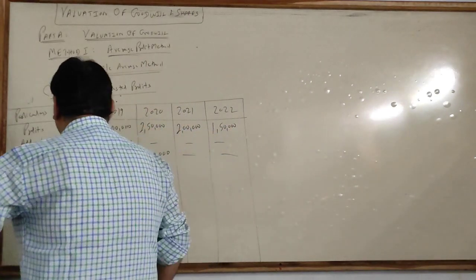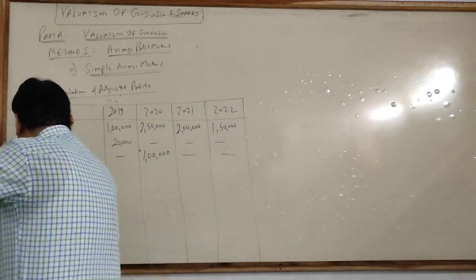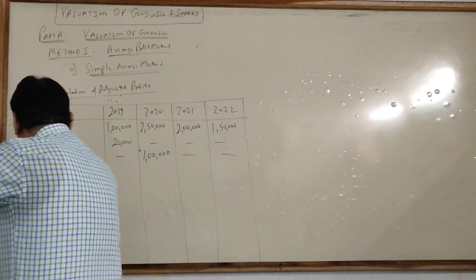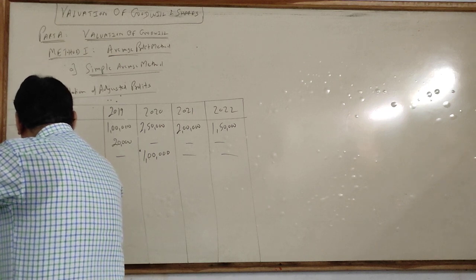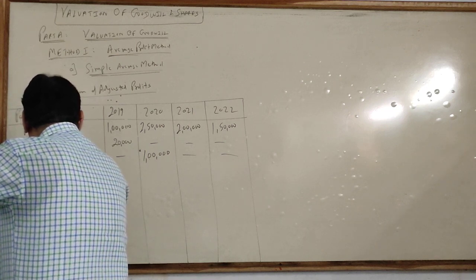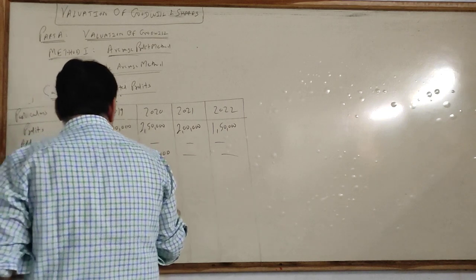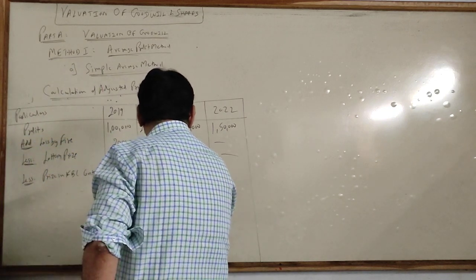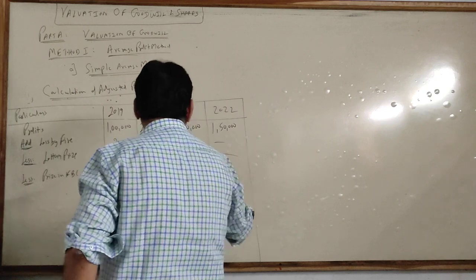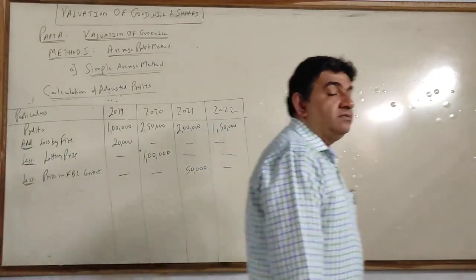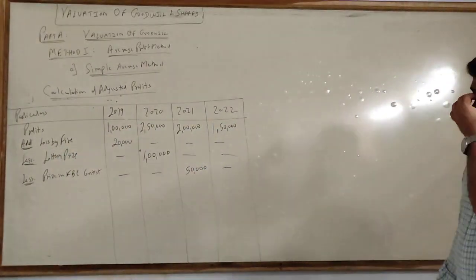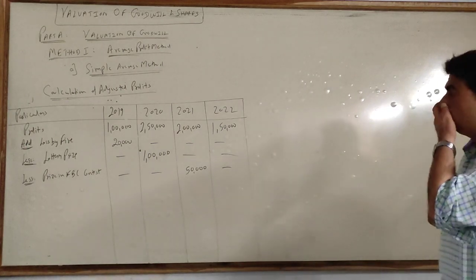So remove it. So write there. Less prize in KBC contest 50,000. Prize in KBC contest 50,000.